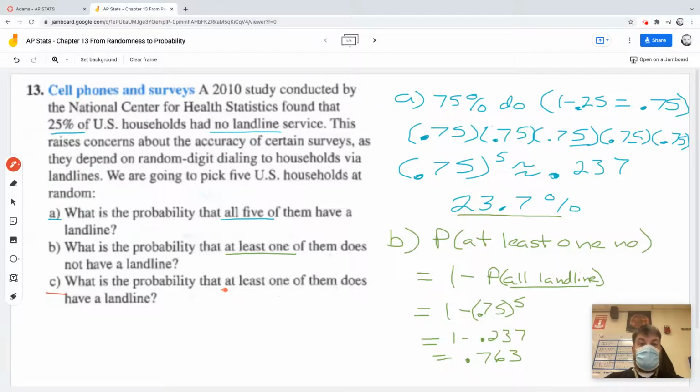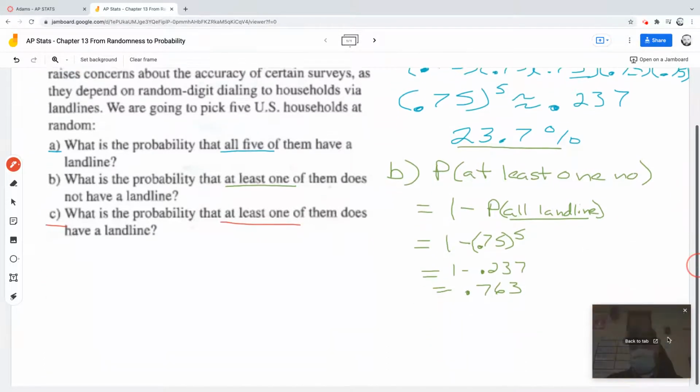What's the probability that at least one does have a landline? Okay.